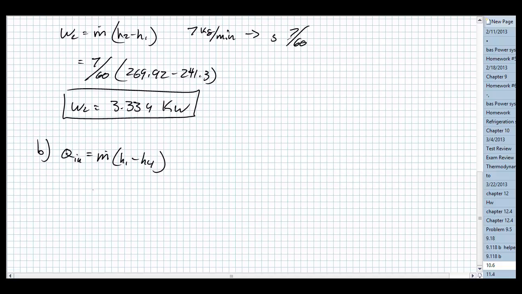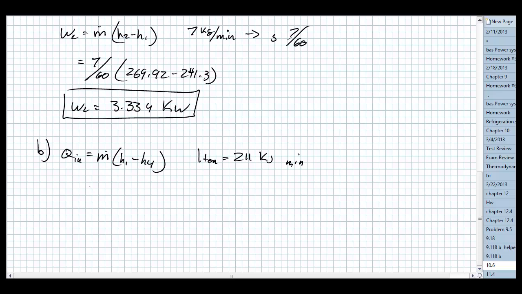Refrigeration capacity is given in tons, and the units require minutes, because one ton equals 211 kilojoules per minute.